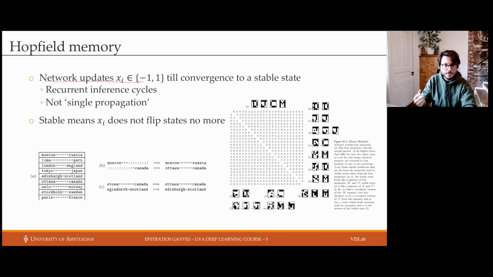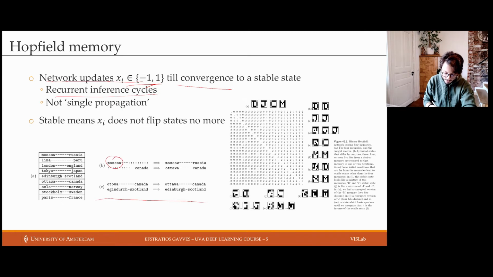Our network updates the states of its neurons until they converge to a stable state. So we've got recurrent inference cycles, right? The neurons reinforce each other again and again until basically they stop changing. So we don't have a single propagation like with feedforward networks. Here we can see two examples of what a Hopfield memory looks like.